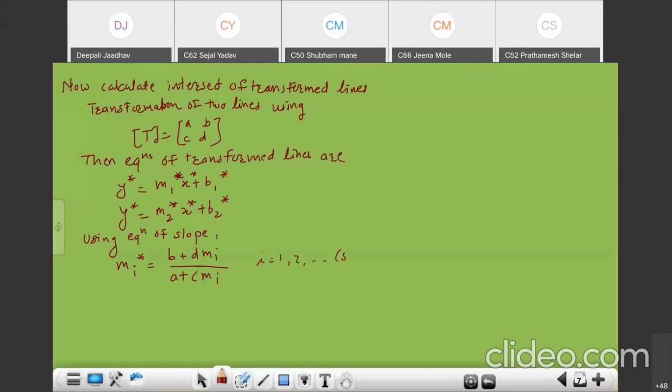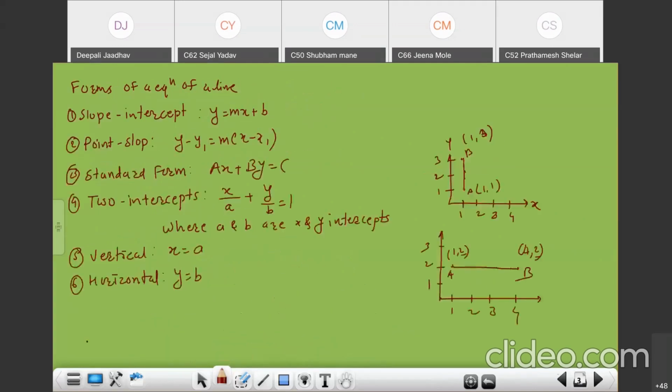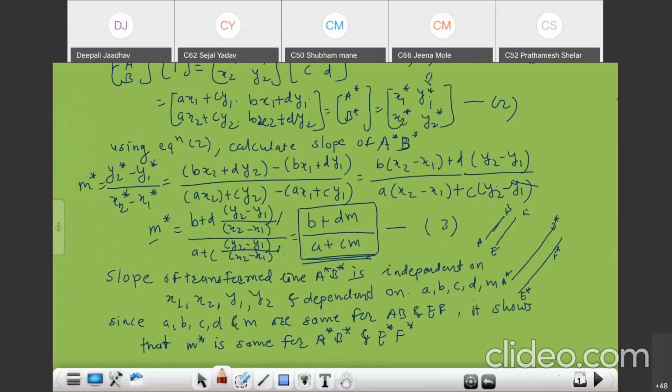This part we have studied in the previous lecture, in parallel lines, where we found the slope of the transformed line: m star is (b plus dm) divided by (a plus cm). That one we are using here.